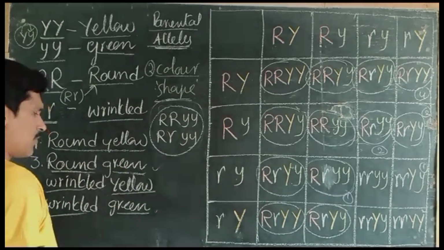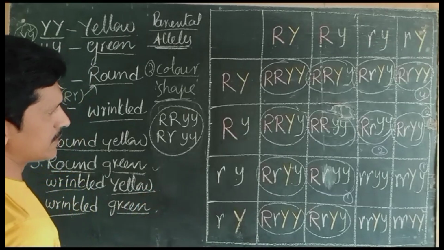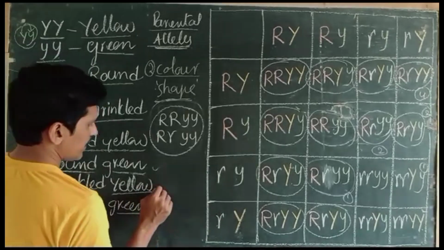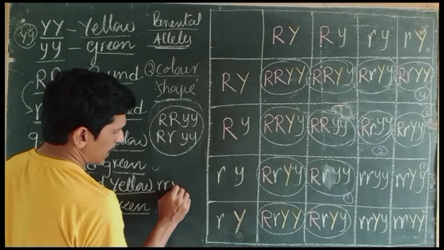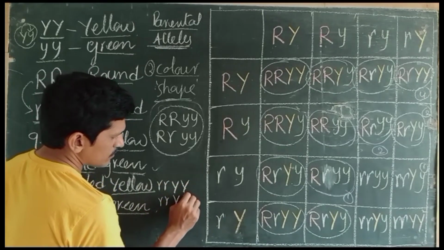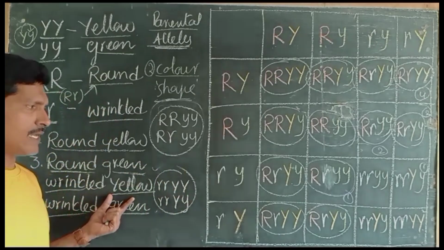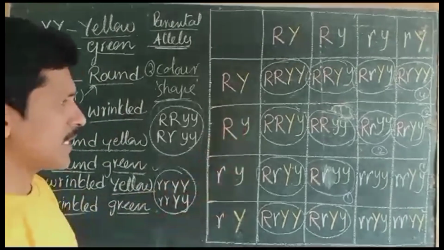Wrinkled yellow. Wrinkled yellow in the sense of what kind of factors it is? Actually wrinkled character. Small r, small r, capital Y. Small r, capital Y, small y. These two are indicating the wrinkled yellow color. We can find where such kinds of things are.